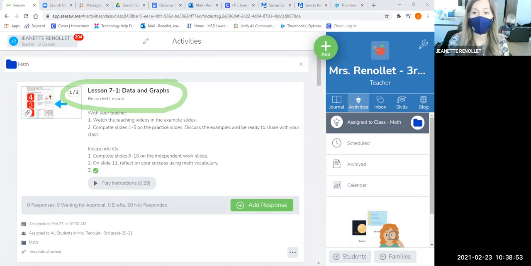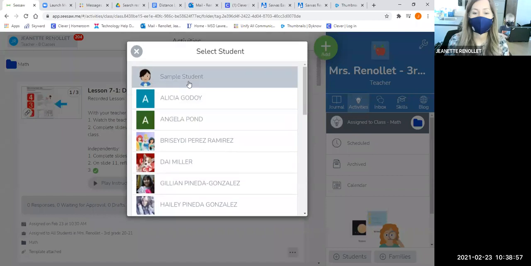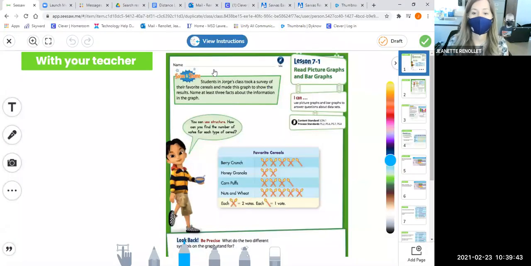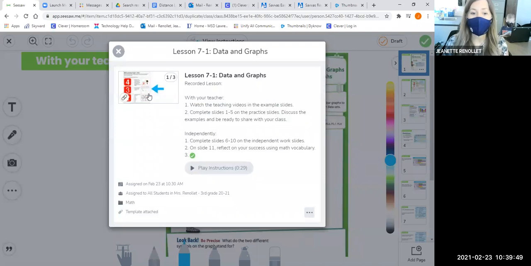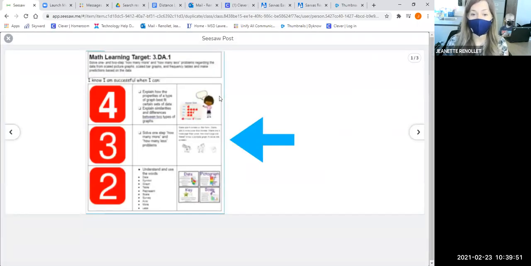Please find that and open that, ready to work together. Slides number 1 and 2 we're going to work on together. Today we have some textbook practice where we're going to practice answering how many more or how many less problems.